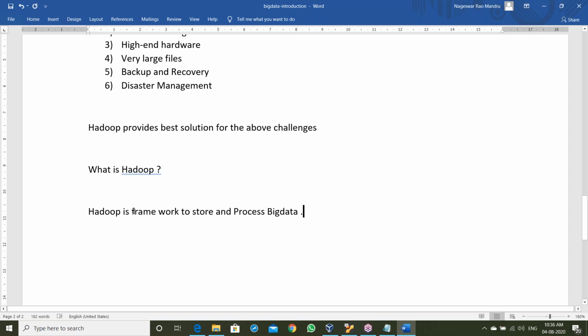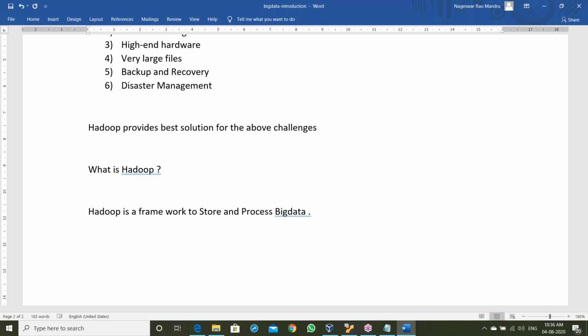So what is a framework? Framework means ready-made, ready to use. Yes, Hadoop is a framework to store and process big data.